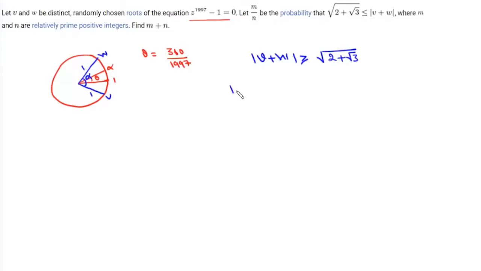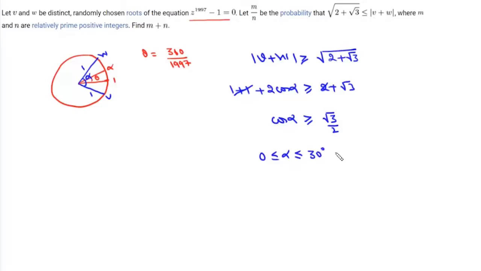So this is the square root of 1 plus 1 plus 2 cos alpha and will be greater than or equal to 2 plus root 3. Now 2 and 2 will cancel. So from here we'll get the condition that cos alpha is greater than or equal to root 3 by 2, or from here we can say the value of alpha should lie between 0 and 30 degrees.